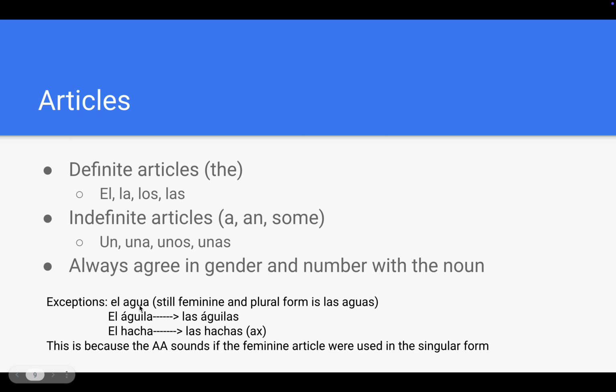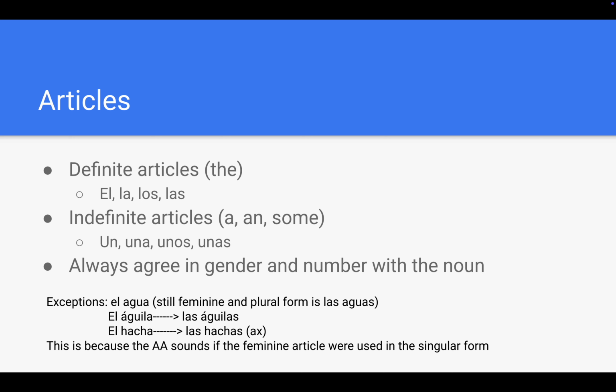The reason for this is because if we said la agua, now we have la ends in an a, and then the agua also starts with the a, so we have that double a right next to each other. We have the two a sounds right next to each other. And if we said la agua, no one's going to stop and separate their words so clearly like that. So it would end up being lagua, and it would sound like one word, and that would be kind of confusing, and it would not sound like an article and a noun.